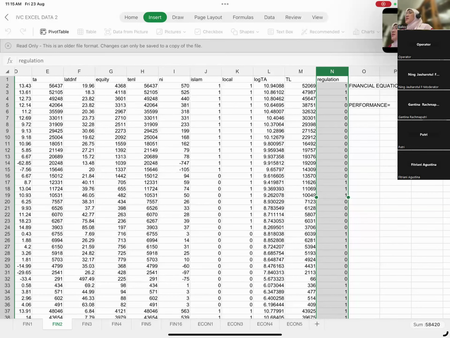When we talk about banks or financial institutions, the financial institution can be all the banks, can be all the cooperatives or koperasi. It can be all the insurance companies. It can be all the securities companies, because securities companies also collect funds from the customer.